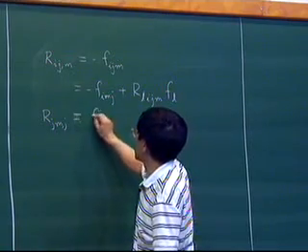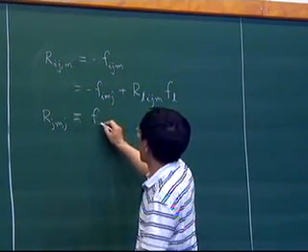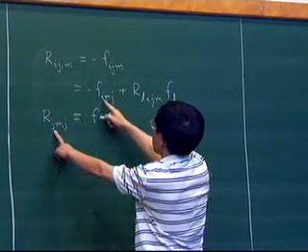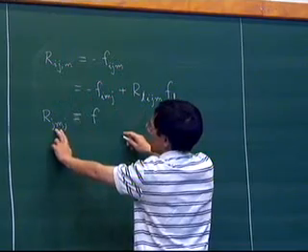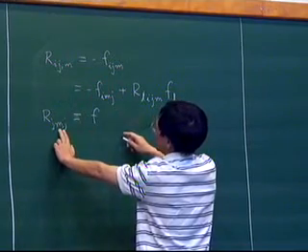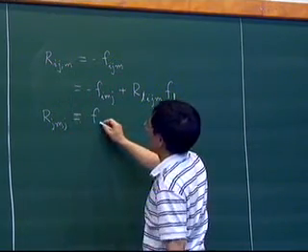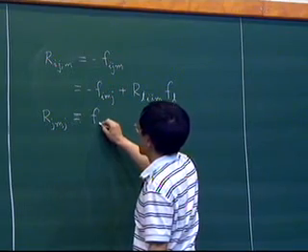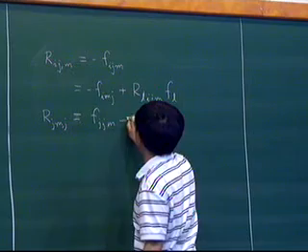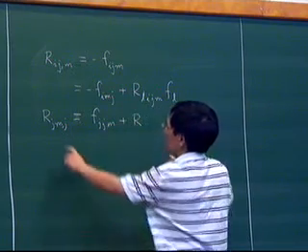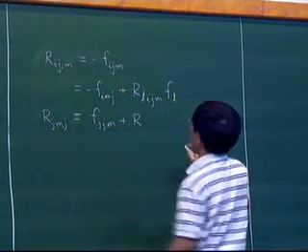So this is m. Take 1, 2, 3, and 1, 2, 3 is permuted. So I will take j m plus the first equal to third.